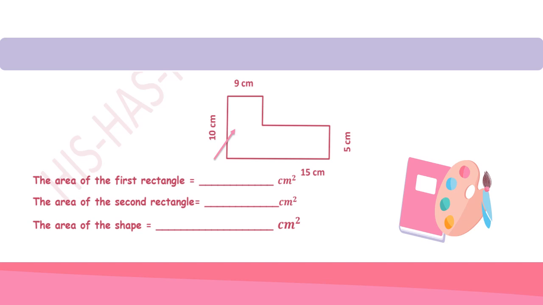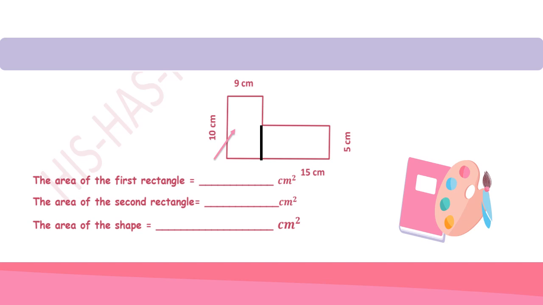Okay, look at this activity. I want to get the area of this shape. How can I get it? I have to make this shape two rectangles like this. Make a line to make it two rectangles. I can get the first rectangle easily because I got the length and the width, 9 and 10.